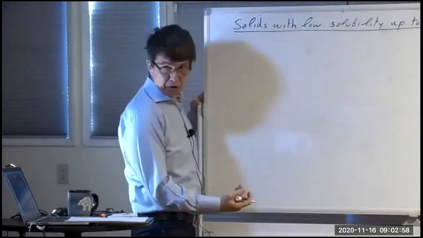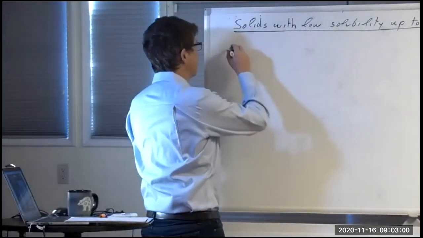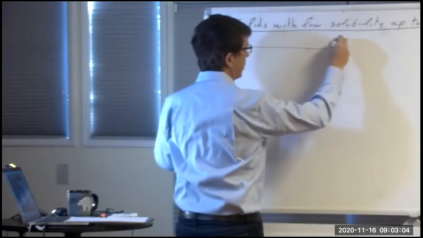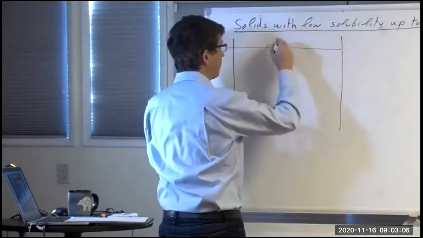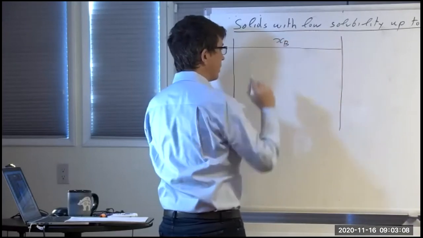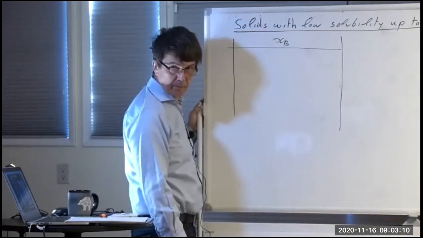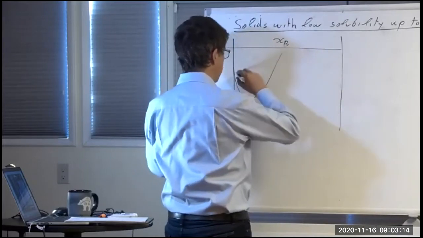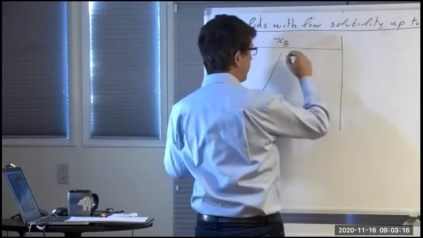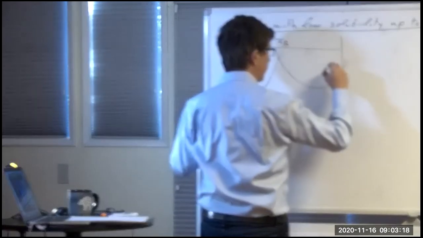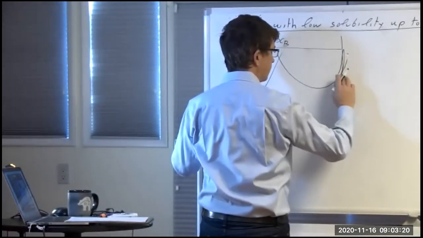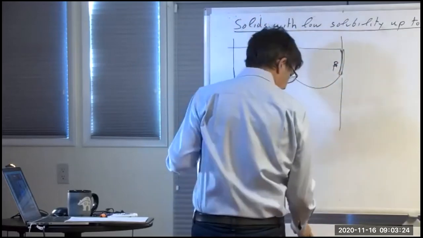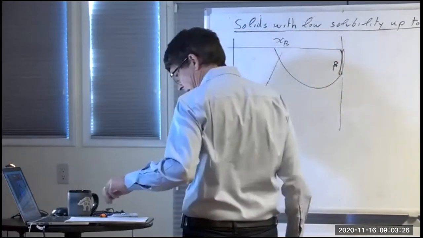So let's get there logically with free energy curves. Let me first do low temperature, where the only relevant stuff is what goes on in the solid. So I have some free energy curve of one solid on one end, say, and I have some free energy curve of another solid. They have a common tangent between them.